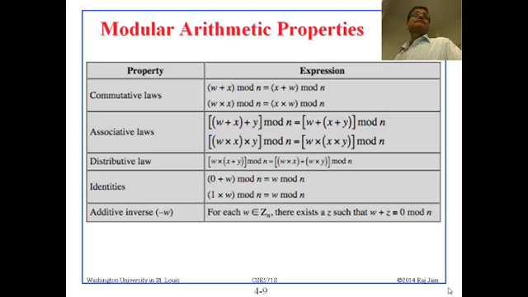Inverse. Anything that produces 1 after multiplication will be the inverse. So what is the inverse of 8? 1 upon 8, because when you multiply 8 by 1 upon 8, you get 1. That is the multiplicative inverse, right?